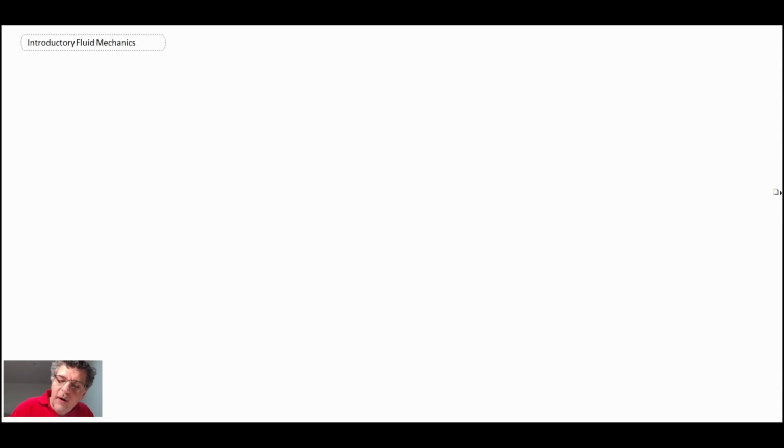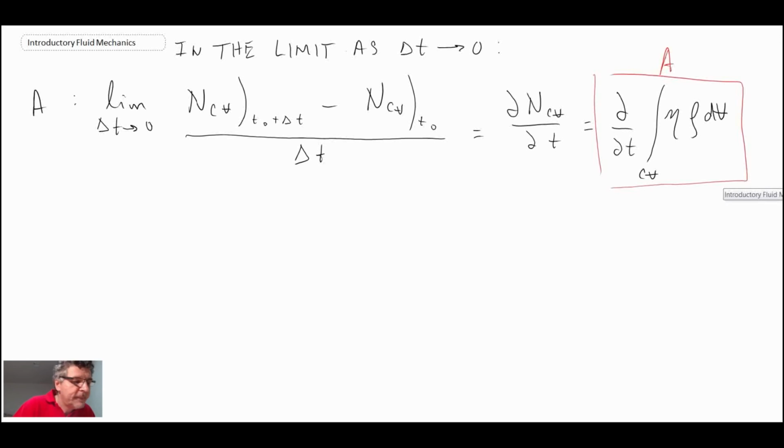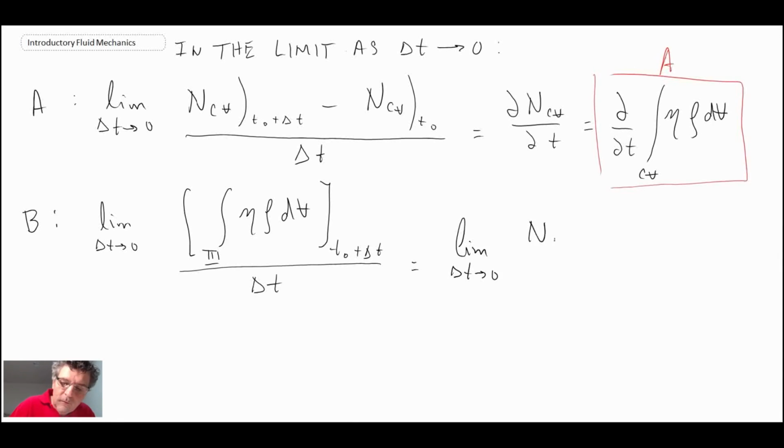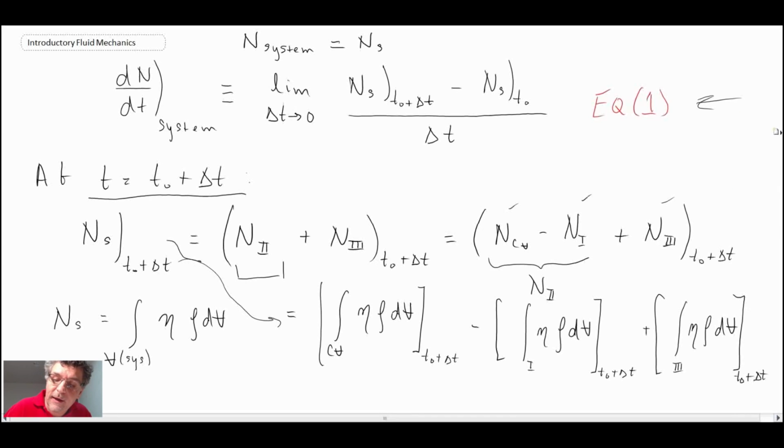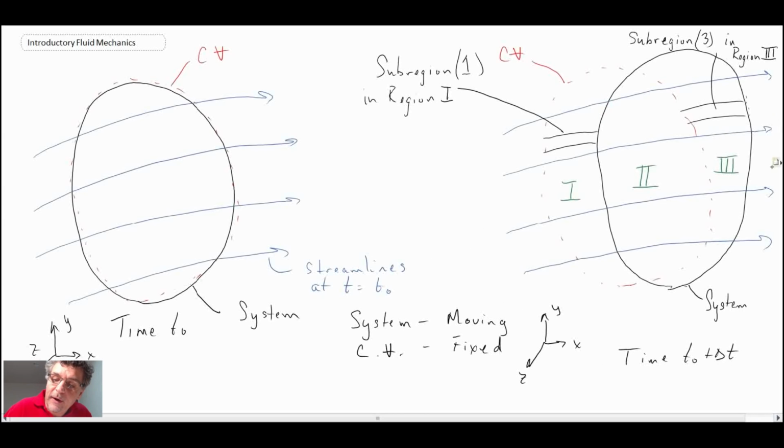Now let's move on to B. So what we have here is the change in region 3. Let's go back to our schematic. Where was it? Yeah, way up here. So region 3 was this region here. What we're expressing is the time rate of change of our extensive property, because we're talking about capital N here, with respect to time.